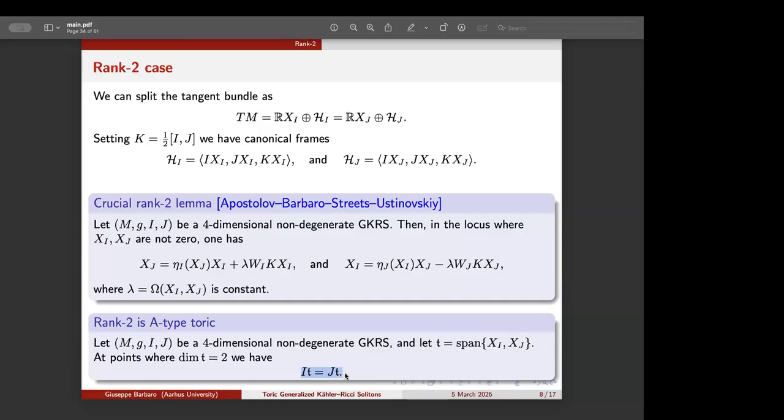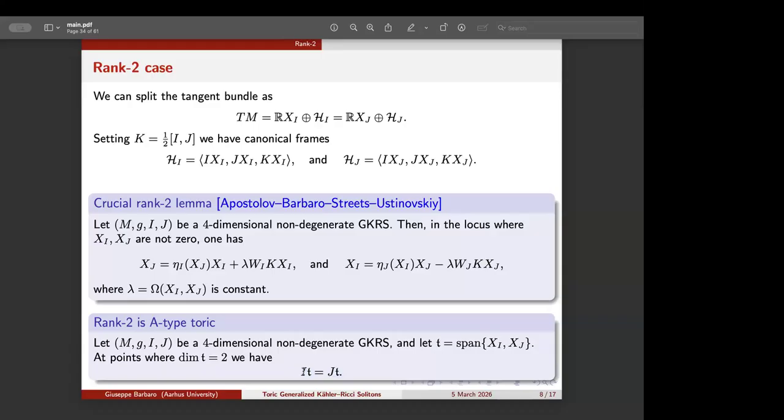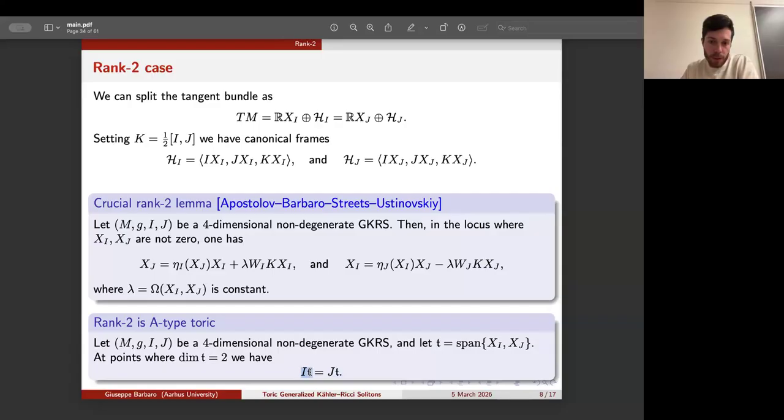Can I ask you, can you explain why, probably I'm missing something, why IT is equal to JT? You told me on the slide, but I don't see this immediately. So it's because, okay, if you do I of this, here you get I of xi. Maybe it's not really immediate.